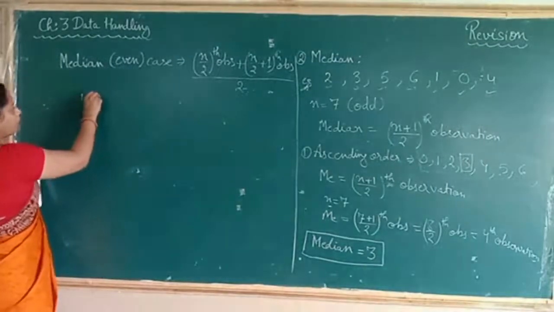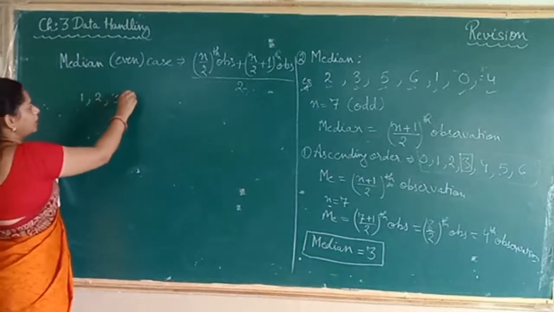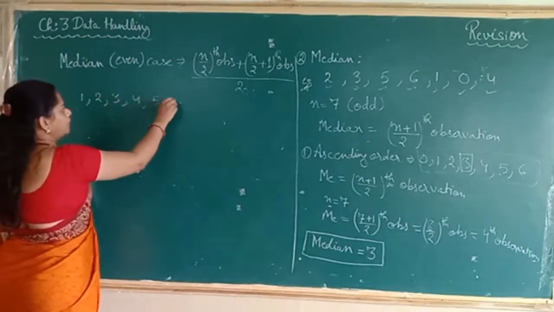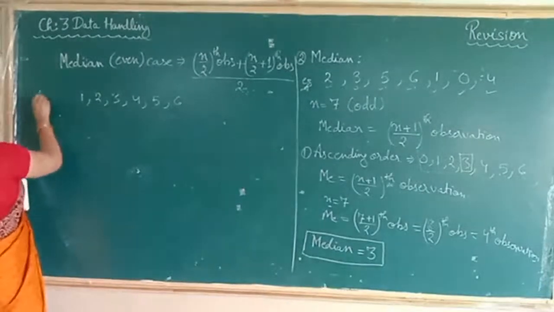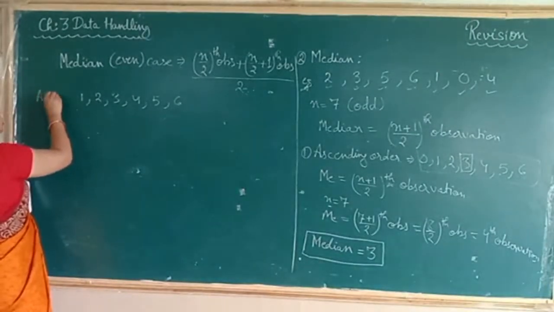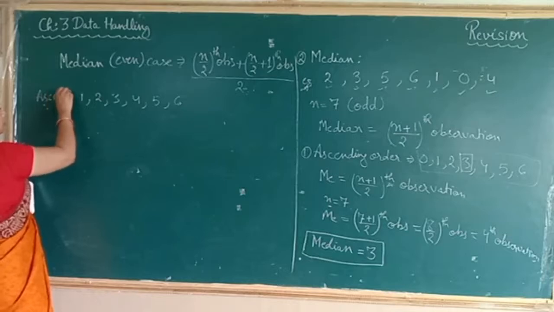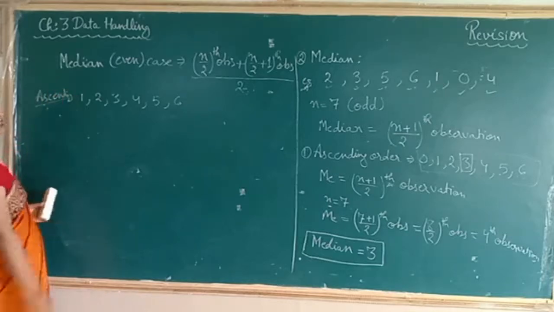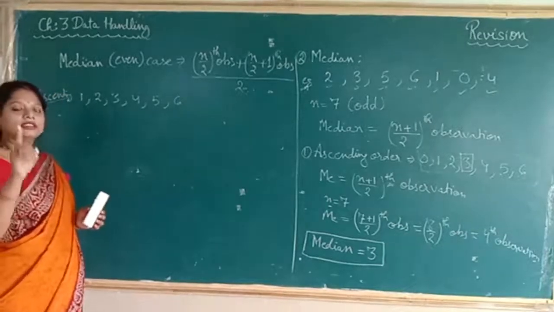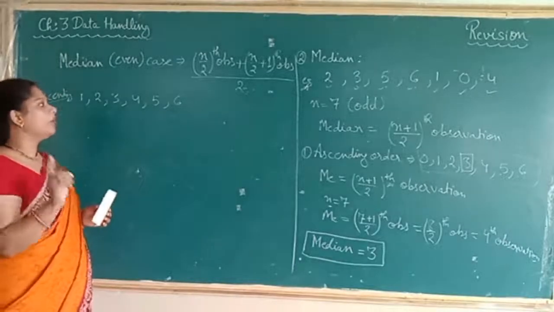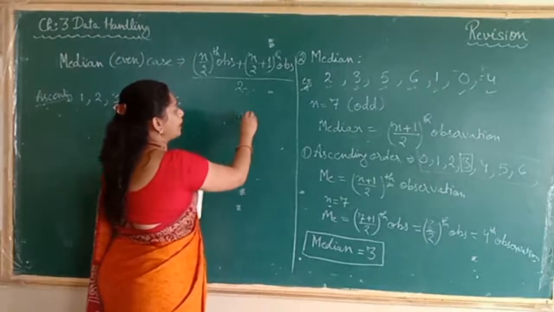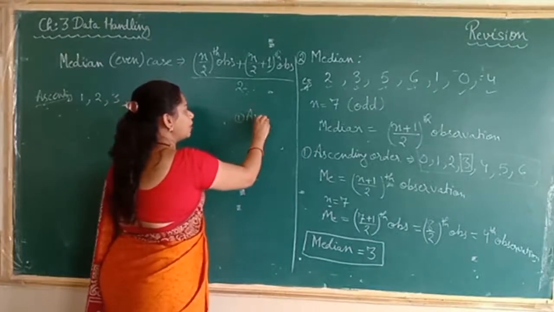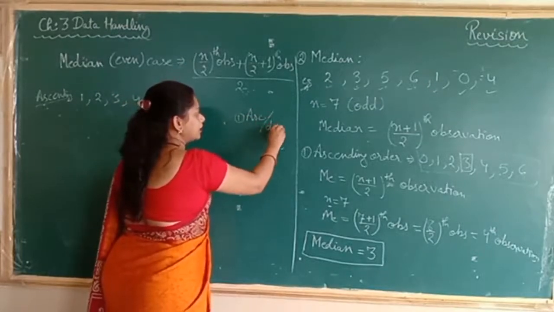Suppose we have been given 1, 2, 3, 4, 5, 6. I have arranged this in ascending order. The first step for finding the median, you have to keep in mind, is that ascending or descending order is compulsory.